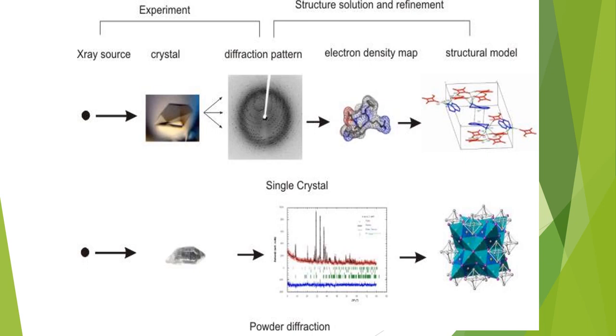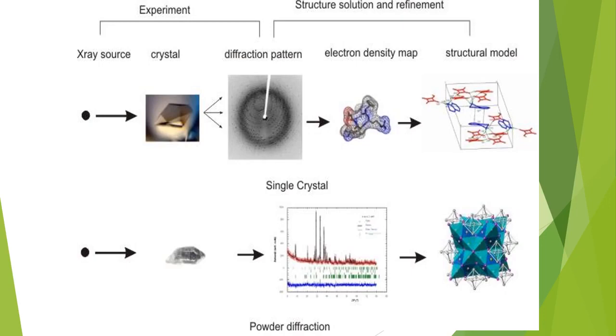After studying this diffraction pattern, an electron density map comes, and that electron density map helps us to determine the structural model of that single crystal. So the structure solution and refinement occur after the diffraction pattern is obtained by the machine, and this diffraction pattern is taken to the computer, and different kinds of software that we have studied are used to determine the electron density maps and then to determine the structural model.